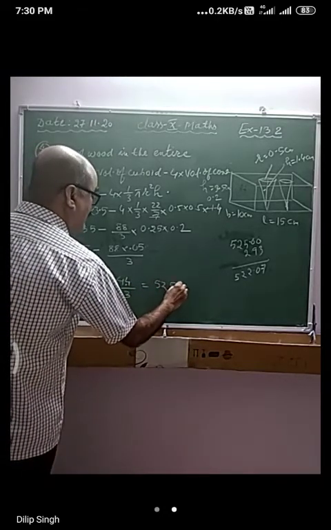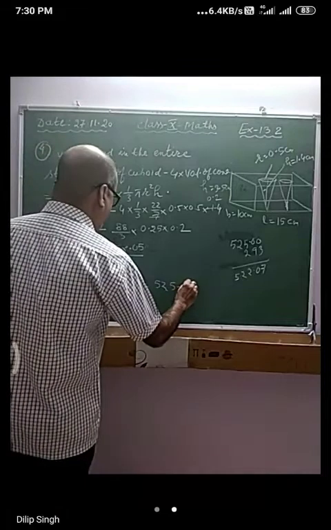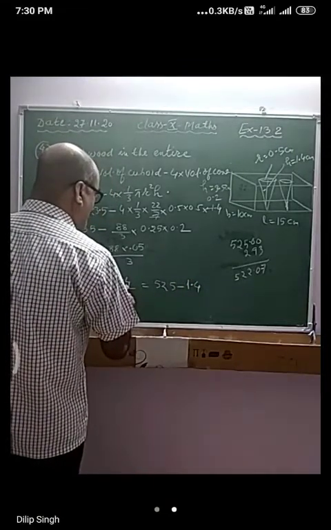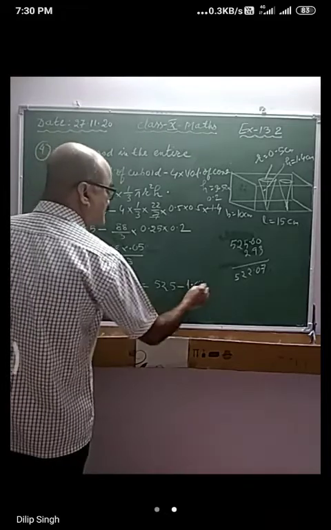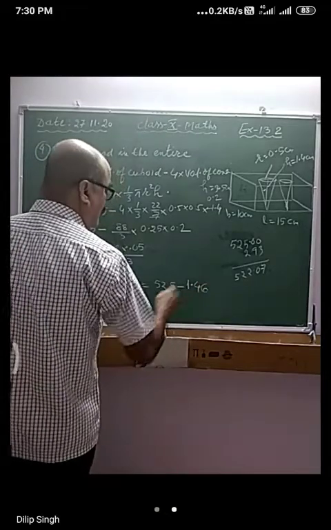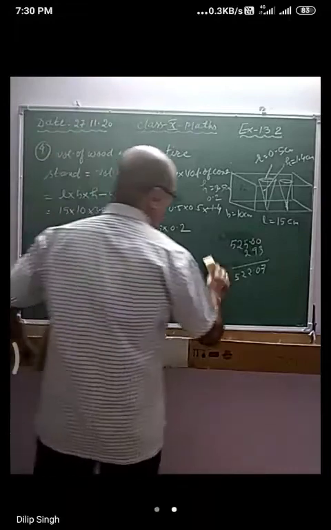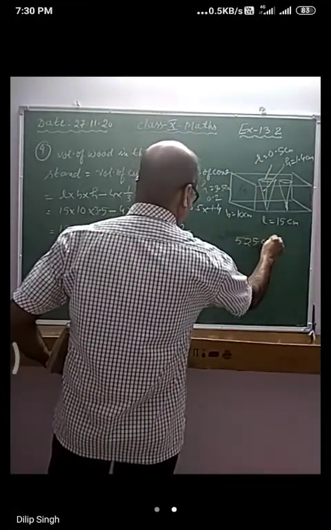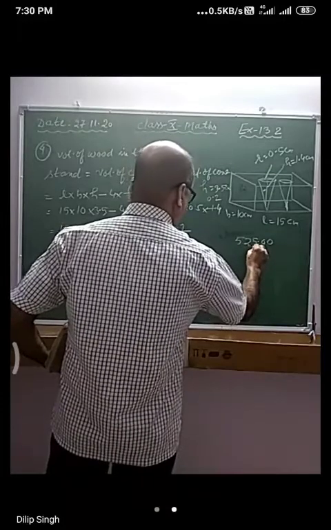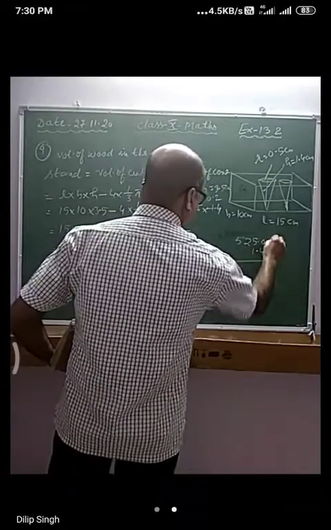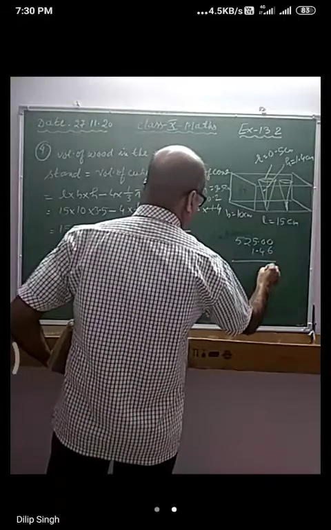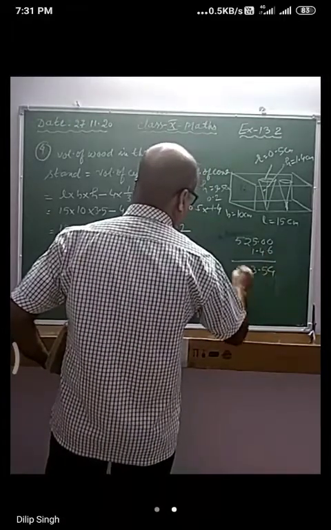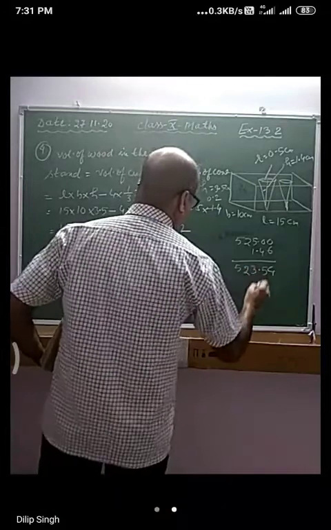So this becomes 525 minus, 3 1s are 3, 3 4s are 12 and 3 6s are 18, so approximately 1.46. So 525.00 minus 1.46. So 10 minus 6 is 4, 9 minus 4 is 5, and 4 minus 1 is 3, that is 523.54.